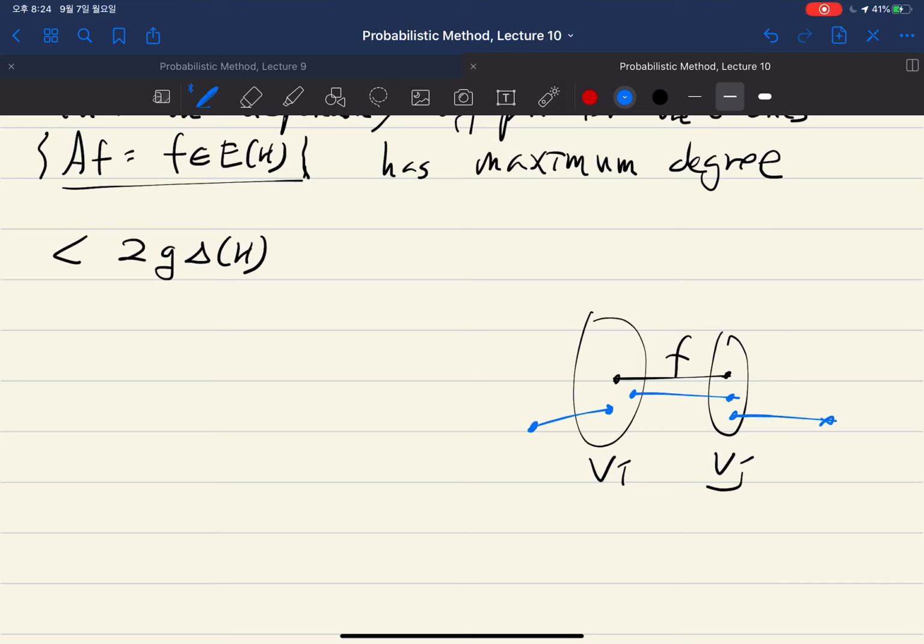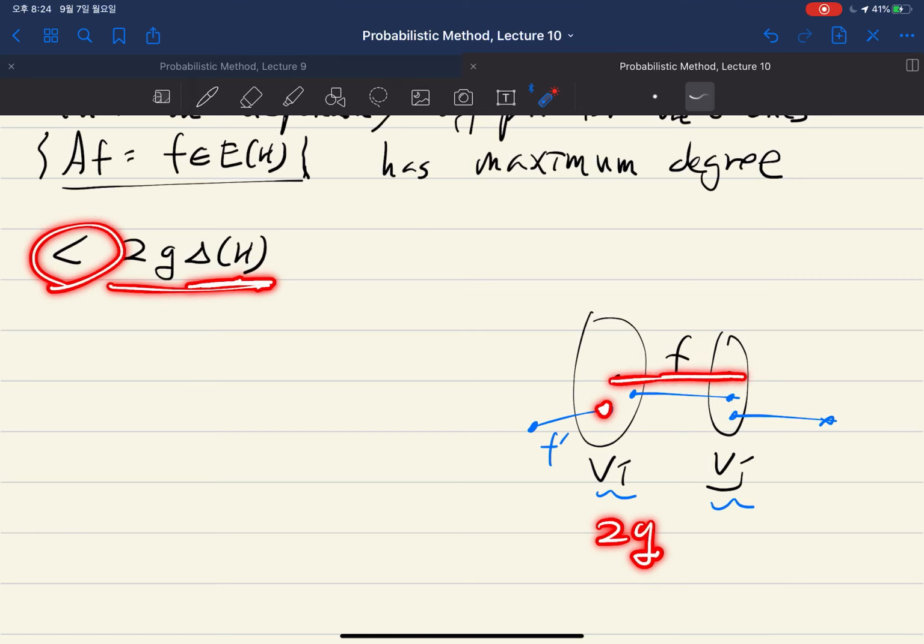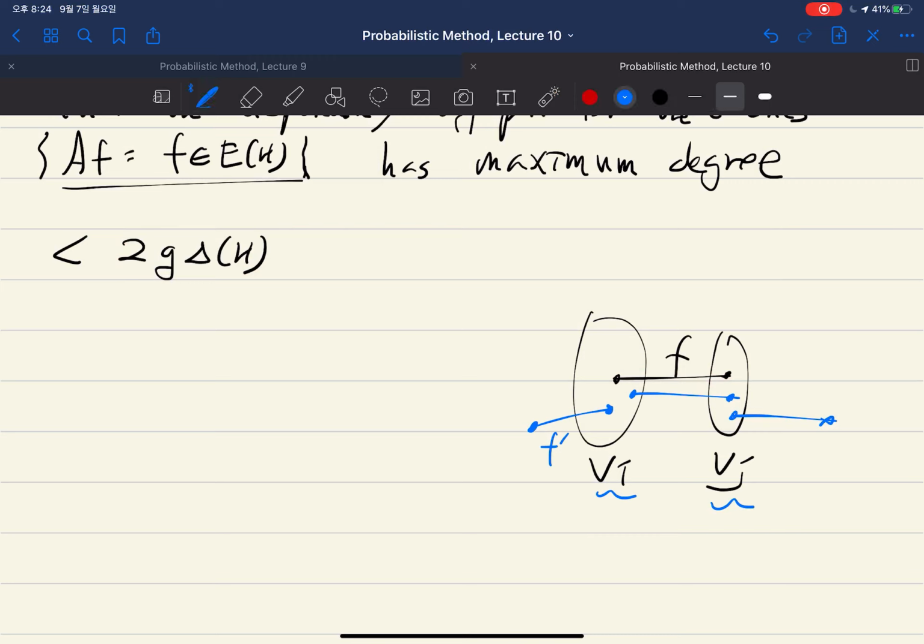You just have to count the number of edges F prime which intersect with VI or VJ. So you take the number of vertices here, which is 2G, and each vertex is incident with at most maximum degree of H many other edges. So this many, but this is strict because F is already counted in here, so we have to subtract 1. If you exclude your own self, then you get this. Strictly smaller than that, this is 2GD.